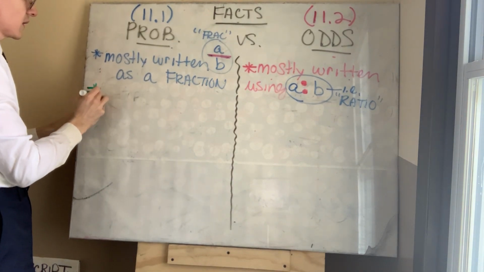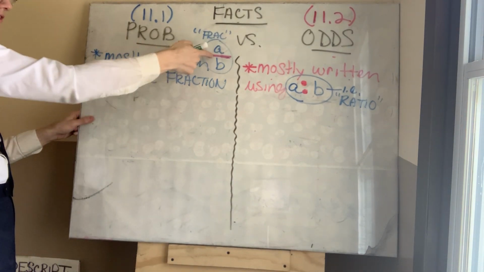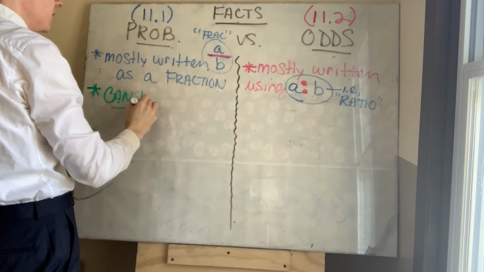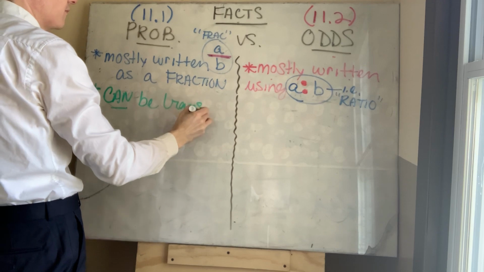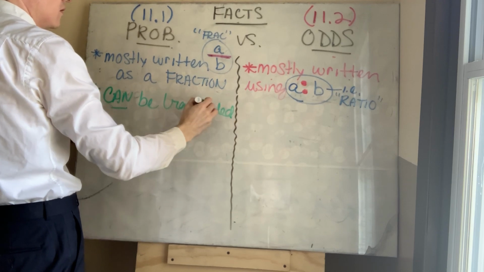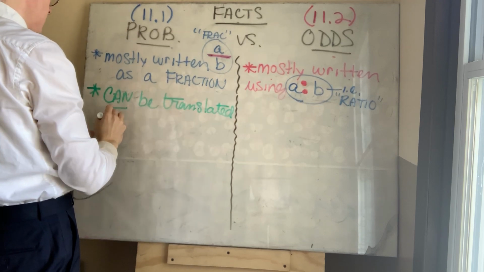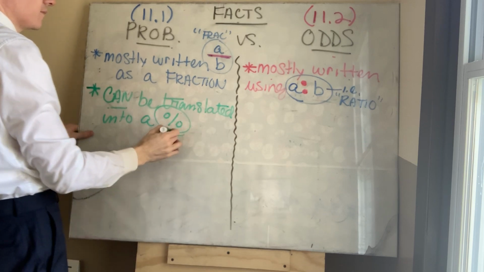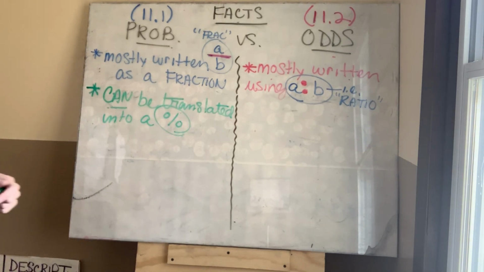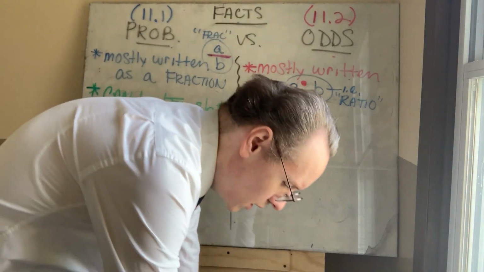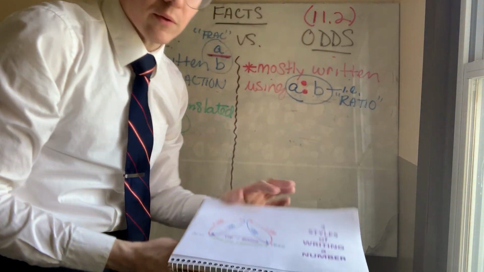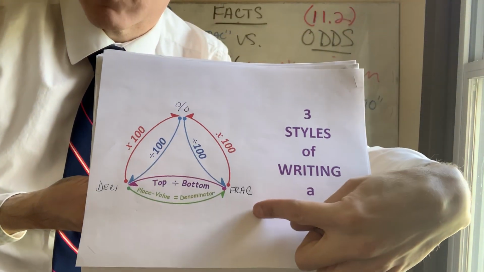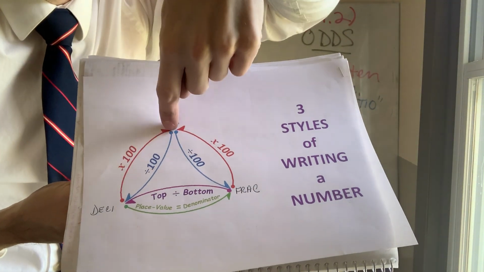another thing. Probability, if it's a fraction, can be translated into a percentage. Now, if you're a little iffy about that, do you remember a while back we went through a diagram I had given you on how to convert from either a fraction or a decimal to a percent?